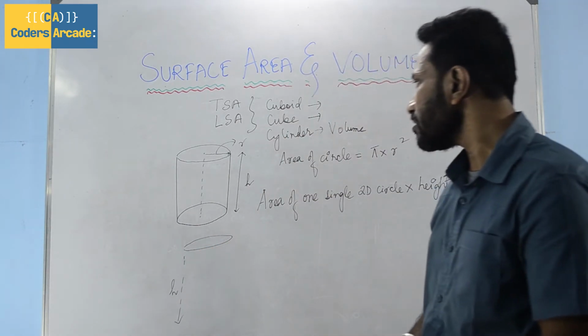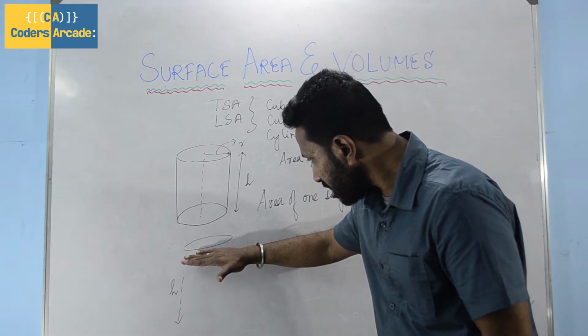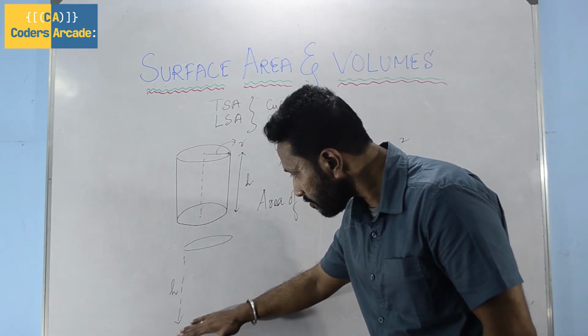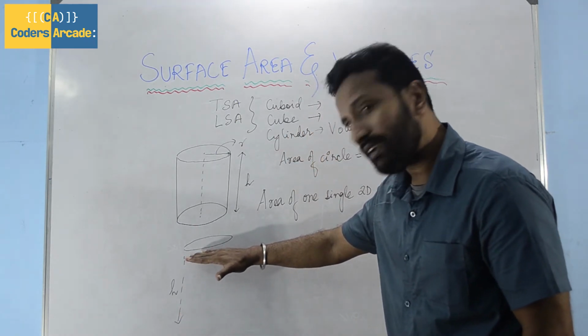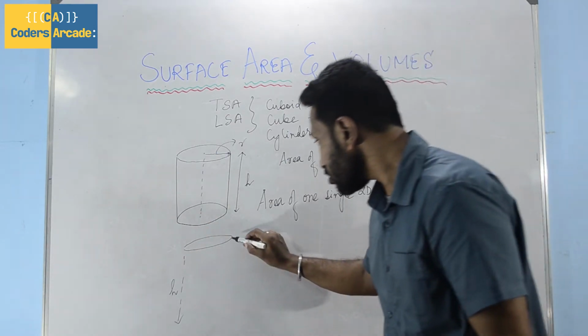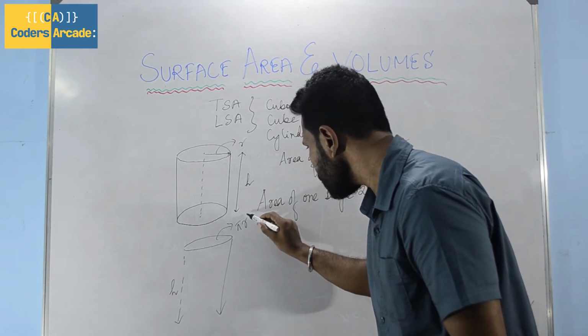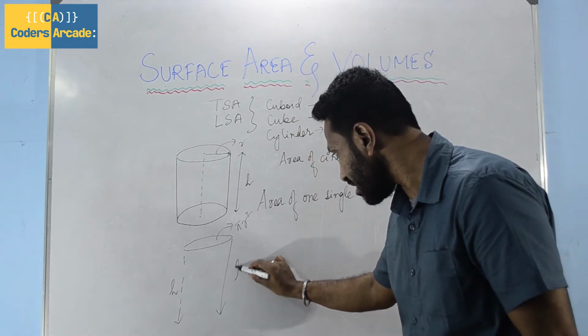So ultimately, you can see that it will be covering the entire space occupied by this object, or this cylinder, which is a 3D figure. The area, as I told, was pi r square, and it is multiplied by this h.